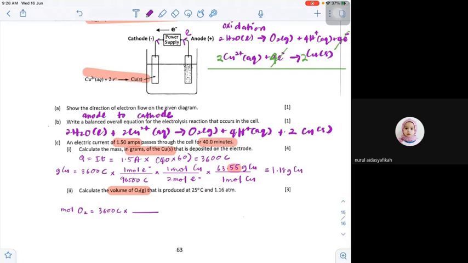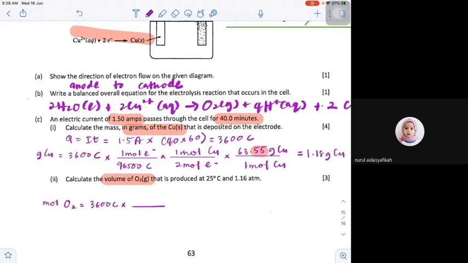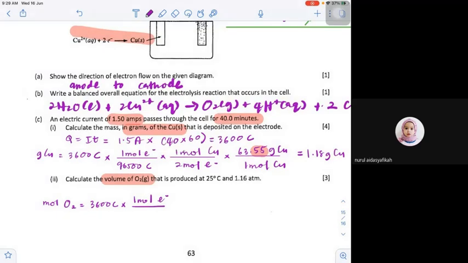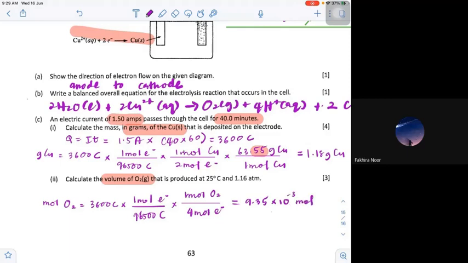We write here 1 mole of electrons is 96,500 coulombs of charge, and then for every 1 mole of O2, it is 4 moles of electrons transferred. So we press the calculator so that we get the moles of oxygen: 9.326 times 10^-3. So we have the number of moles of oxygen.